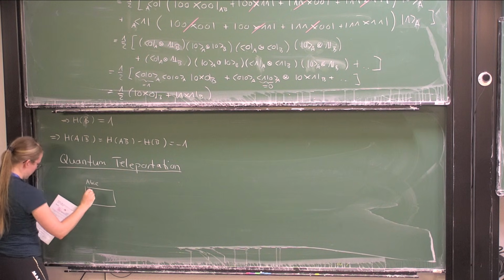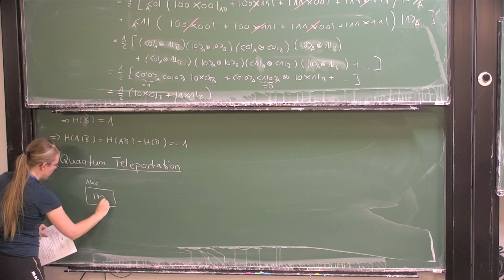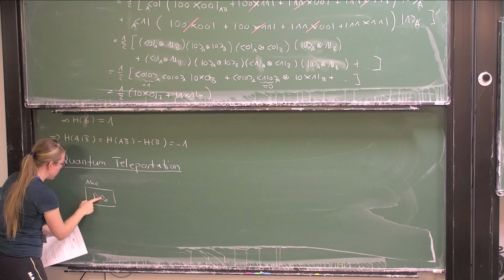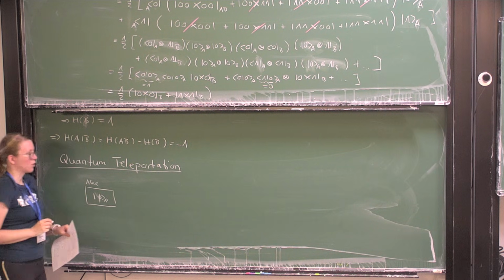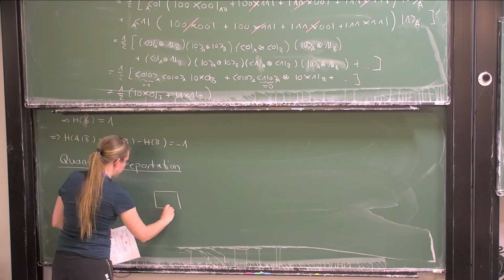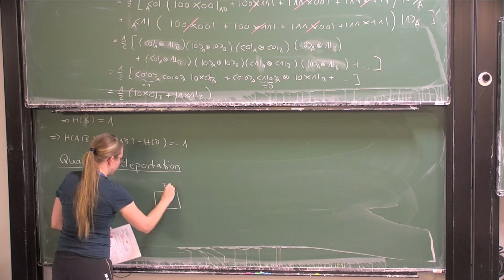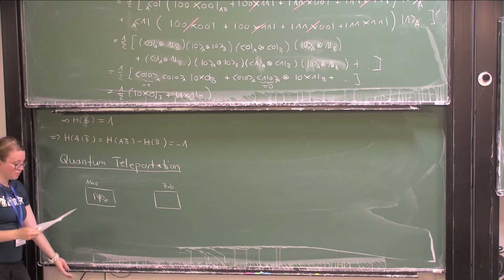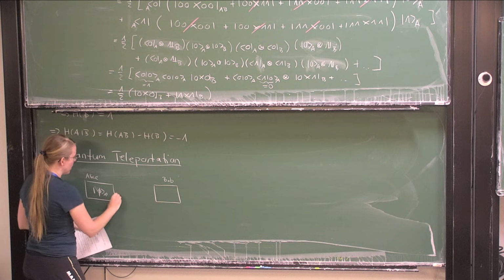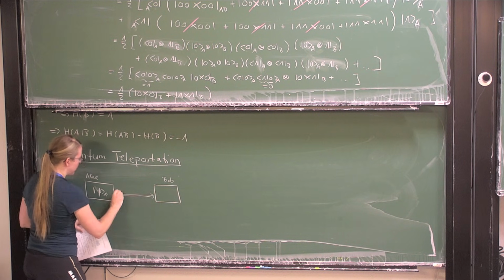So the state, call it psi on system A prime. And then call it phi. And she would like to send it to Bob. But she doesn't have a quantum channel. So she doesn't have a channel where she can just send the quantum system to Bob. She does have a classical channel, so Alice and Bob can communicate classical information.